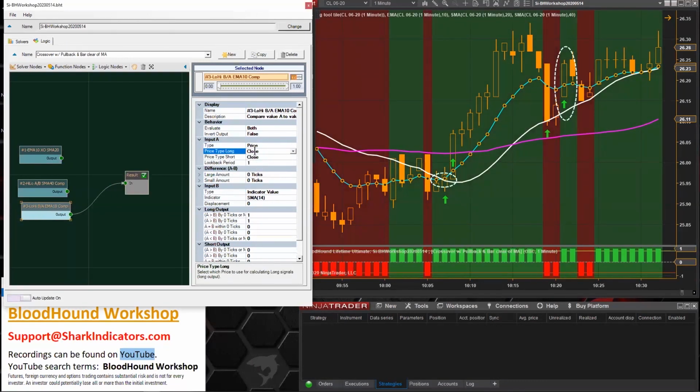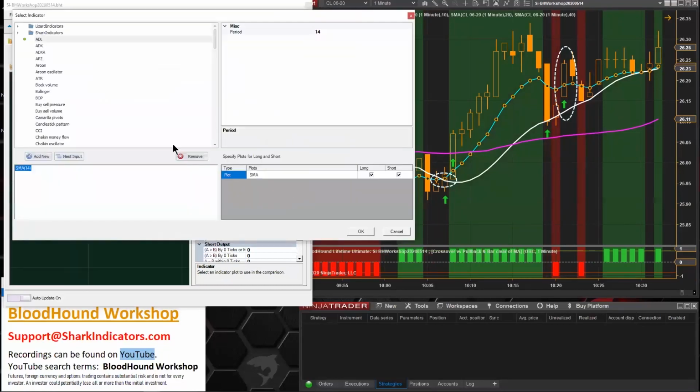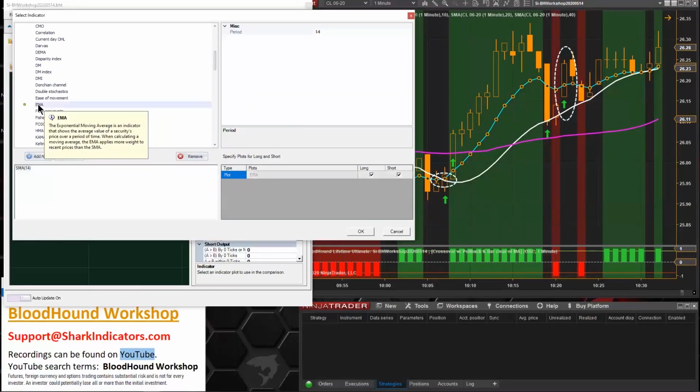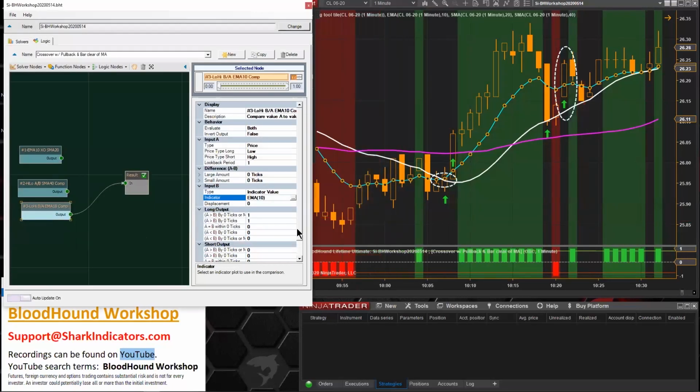For long, we're using the low price this time, and if it was a short, we'd reverse this and use the high price. Then indicator B is going to be our EMA 10. There's our EMA. Let's make it a 10 period, call it good.